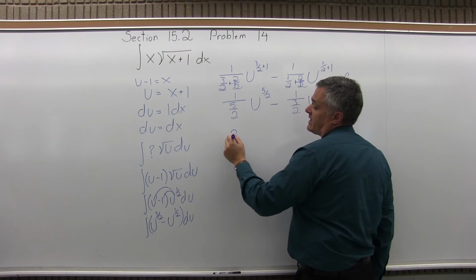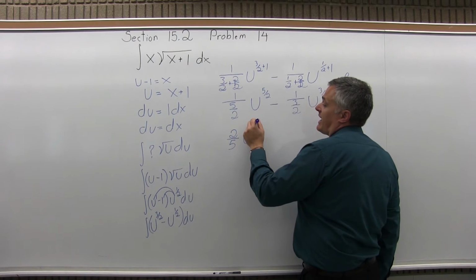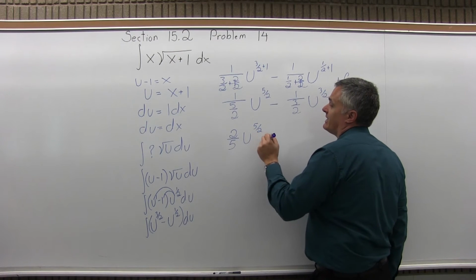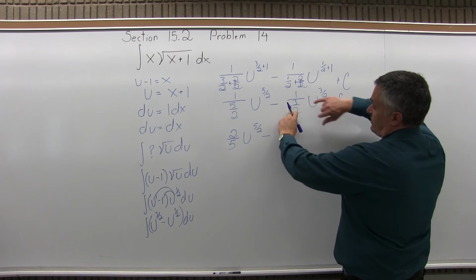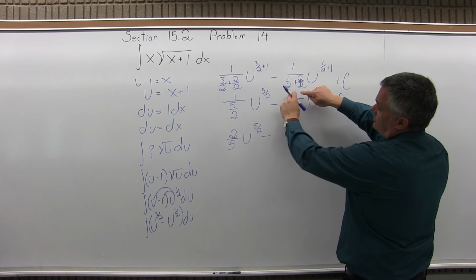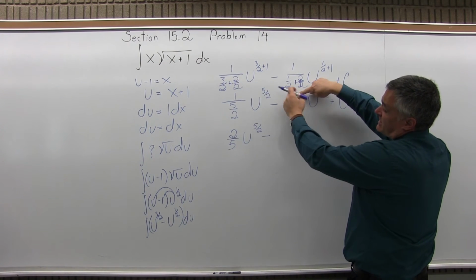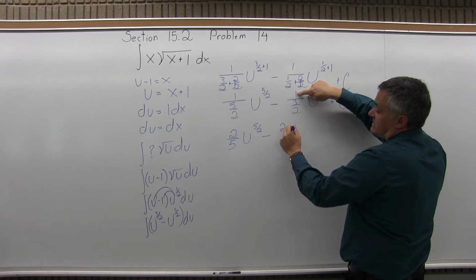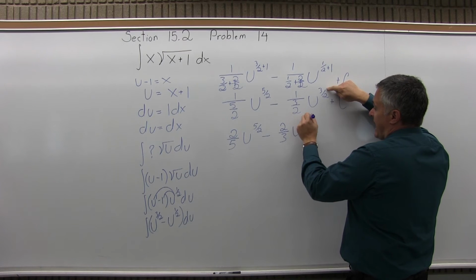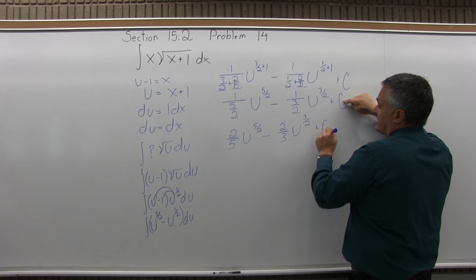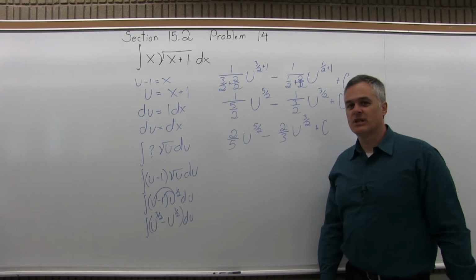So I have 2/5 u to the 5 halves minus, and for the next piece I have 1 over 3 halves. I'm going to invert the 3 halves, and it becomes 2/3. 2/3 times 1 is just 2/3. u to the 3 halves plus a constant. Now it's really cleaned up.